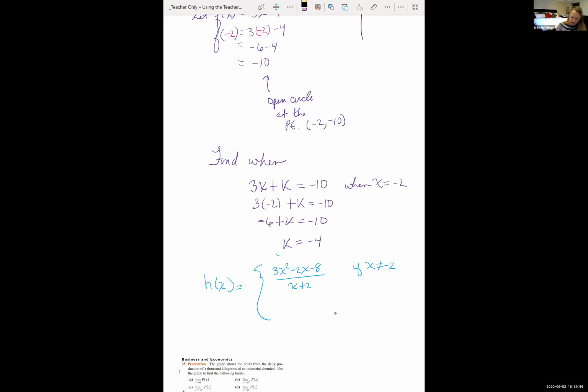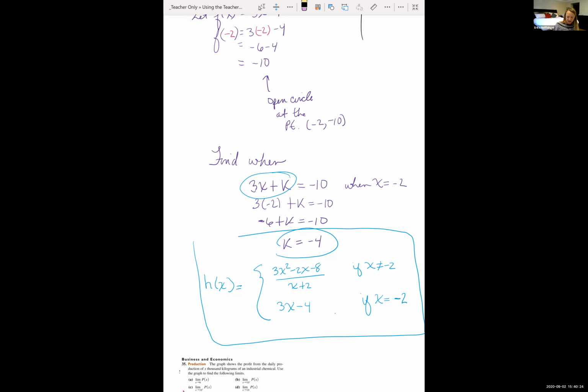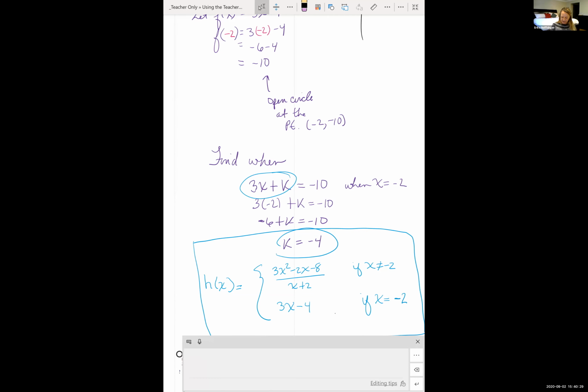And then here, we plug in k, so this is 3x plus k, but k is -4, so 3x minus 4 if x equals -2. Okay, so we found our k value that would make that piecewise function continuous everywhere.